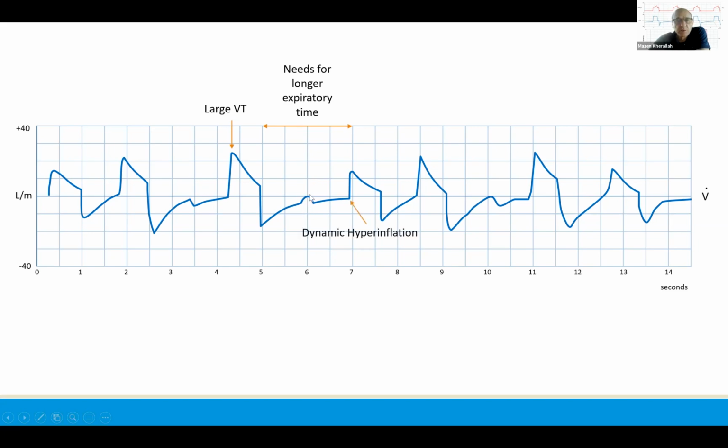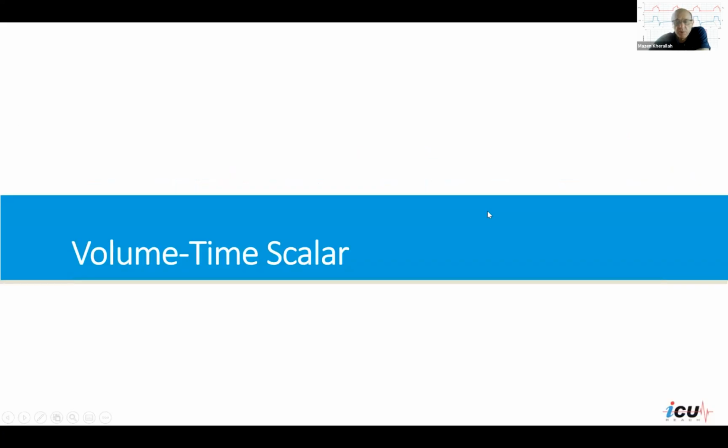This breath here did not trigger the ventilator. He ended up with another breath before completely exhaling. You can see the flow does not go up all the way to 0. So the patient ended with dynamic hyperinflation syndrome, and he had ineffective triggers. You can see another one here that was ineffective.